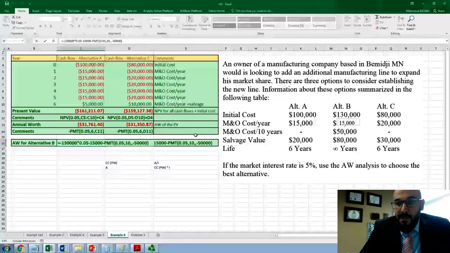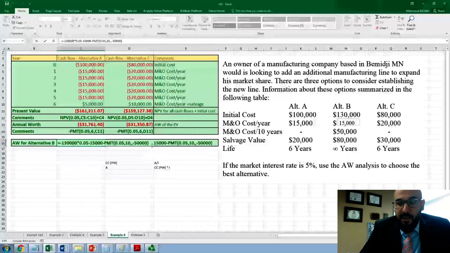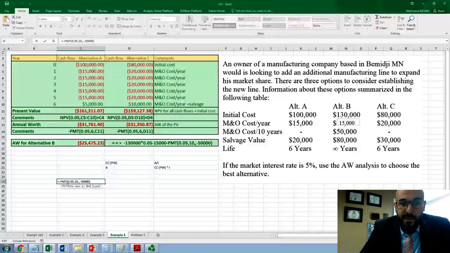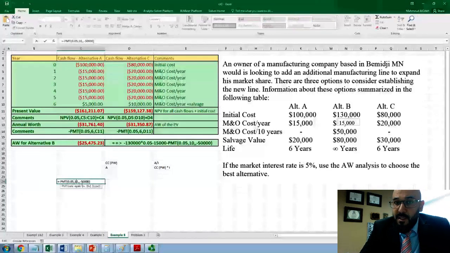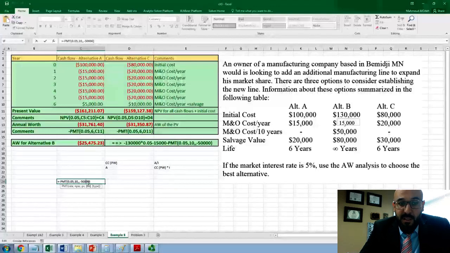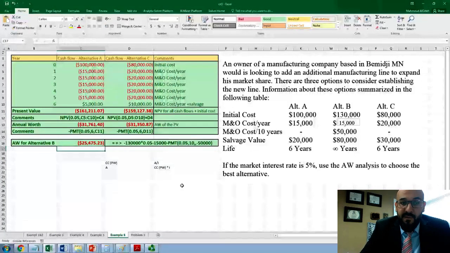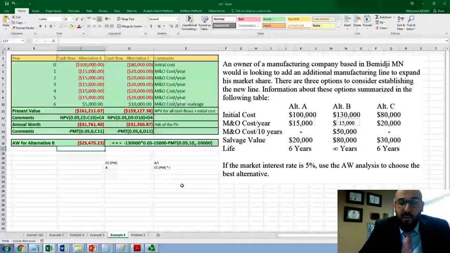For the expenses that we have to pay every 10 years, we use the PMT function, PMT 5% for 10 years, and we use this amount, the 50,000, as a future amount because that's going to happen in the future, and we're trying to divide this over the 10 years to find the equivalent. So adding all these numbers together, that would give you $25,475, the annual worth for alternative B.